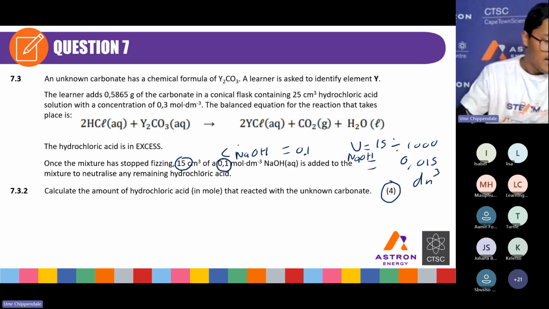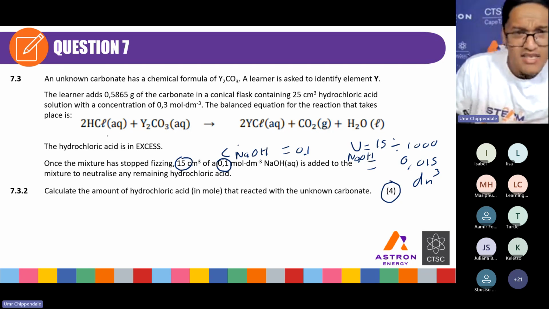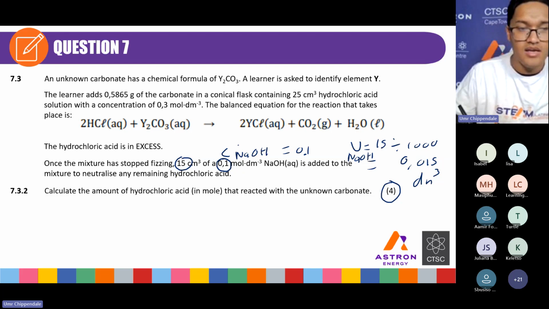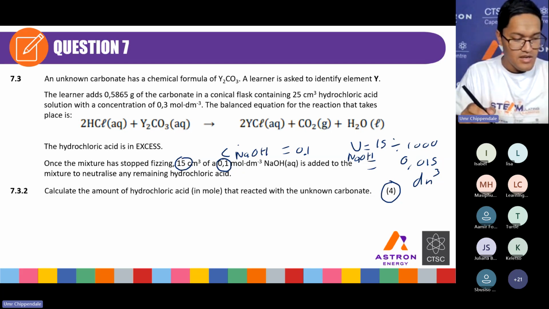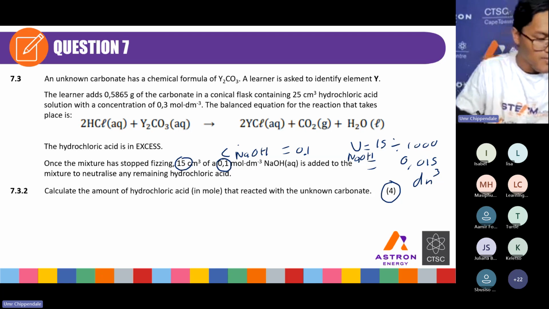So now we are going to see what was the sodium hydroxide that was added to this hydrochloric acid. And then from that, we're going to relate it back to the ones that we calculated already. So let me show you.